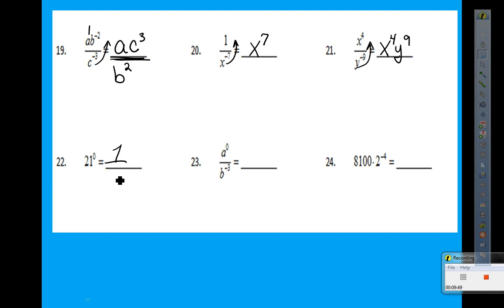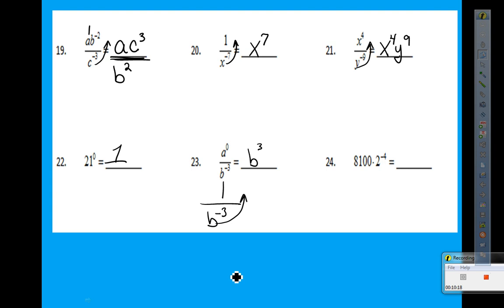So with that being said, my number 23, I got a to the 0 over b to the negative third. Well, a to the 0 is 1. And I got that b to the negative third. Well, there's a negative exponent, so I'm going to bring it up out of the denominator. So I've got b to the third. There's my answer.